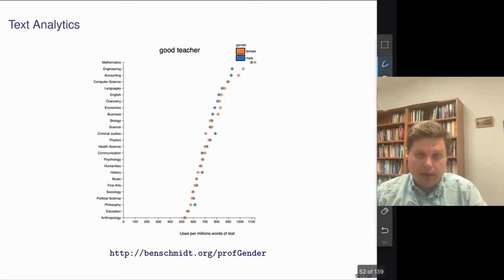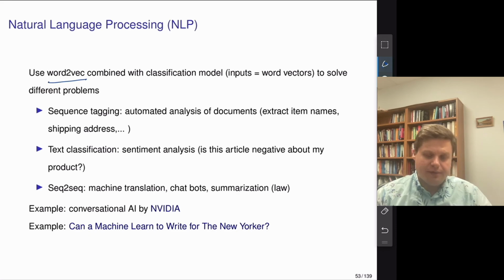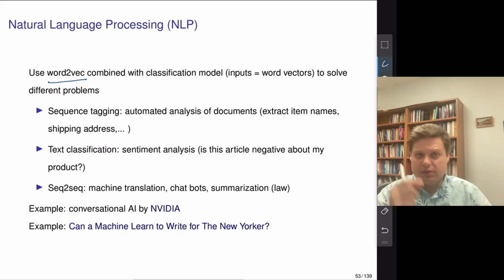All right, we're gonna skip this one. So natural language processing, we're gonna talk about this word to vector. So what happens if you have a piece of text, then unlike pixels that have a natural numeric representation, you remember a pixel is just the intensity of the color, and it's a number between 0 and 255. Text doesn't have this natural representation in the form of a number.